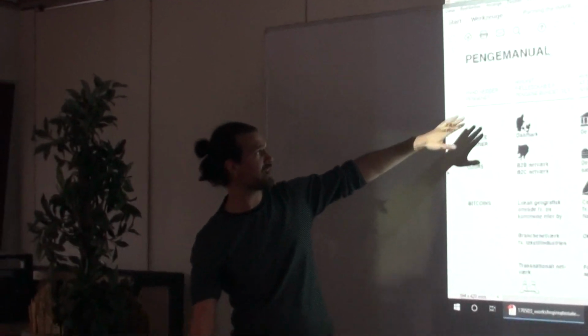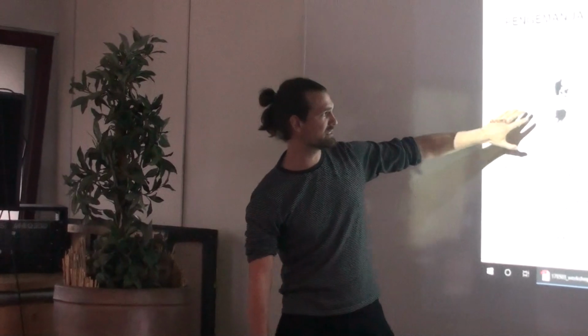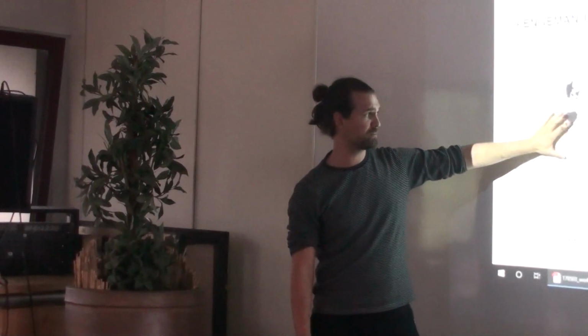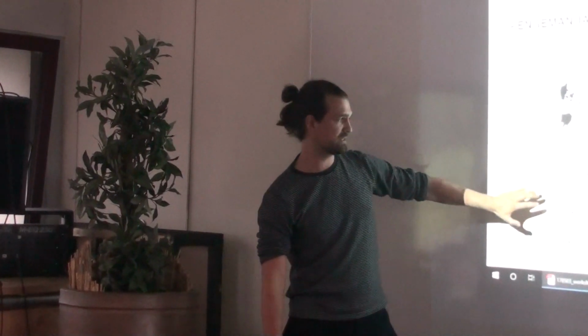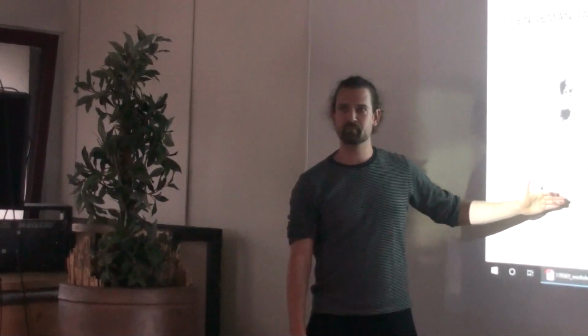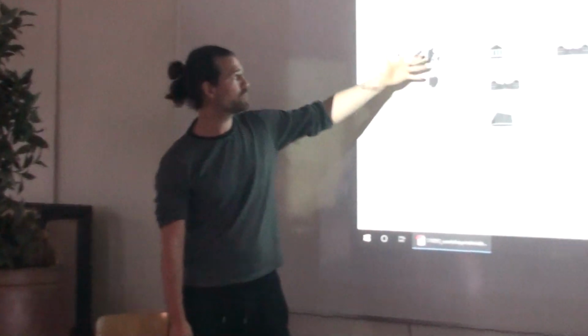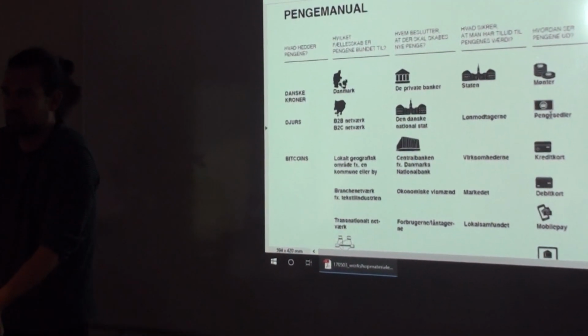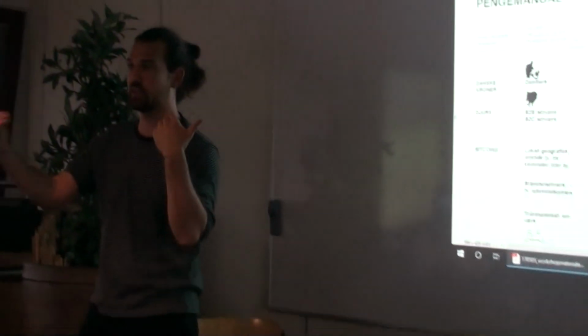And what kind of community is this money being used in? Is it in Denmark? Is it a B2B network, B2C network? Is it geographical? Is it businesses only, or is it international transactions? Who do we want to use this money? That also changes the characteristics of the money.